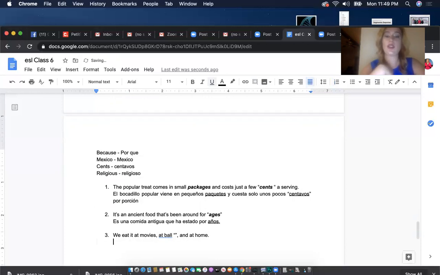We, ¿qué es we? Nosotros lo comemos en películas, en ball es pelota, y en casa. We eat it at movies, at ball, and at home. Nosotros lo comemos en películas, algo pelota, y en casa.